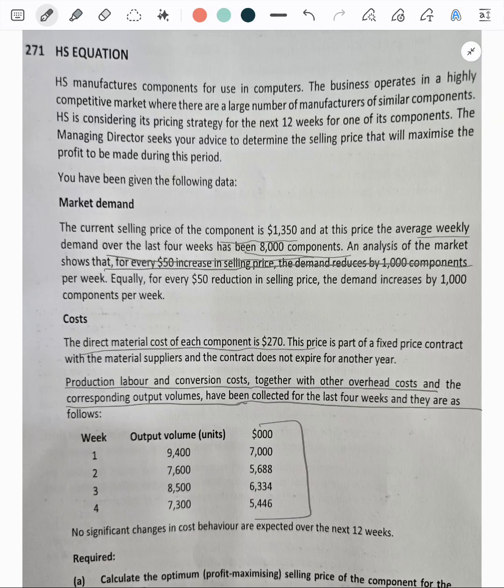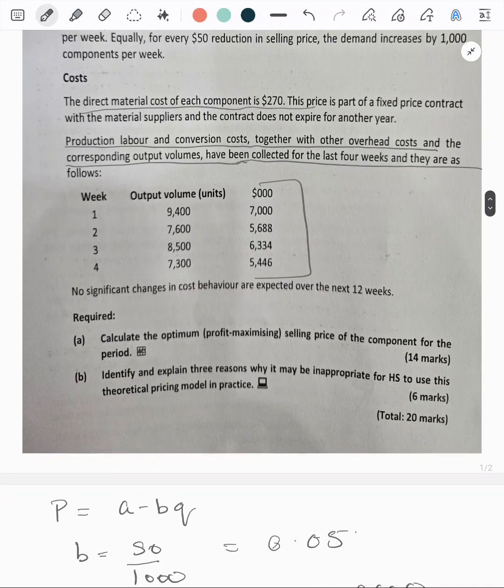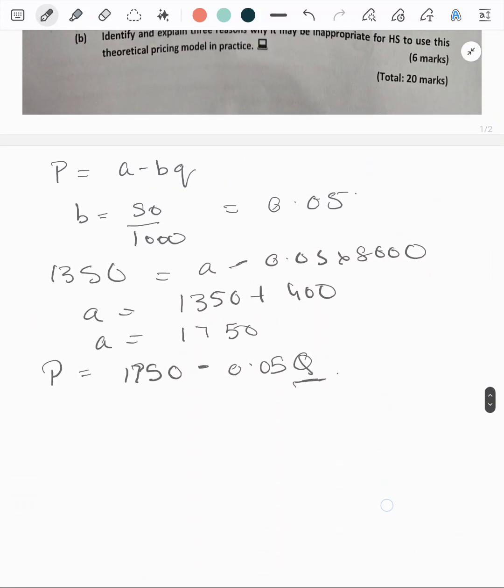These are semi variable costs, and we will have to calculate this with the help of the high-low method.